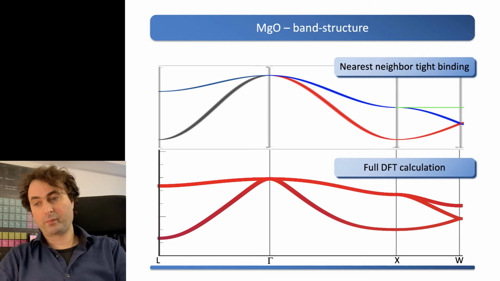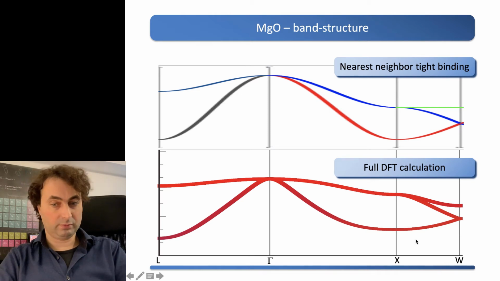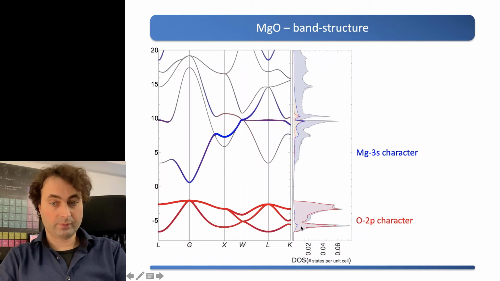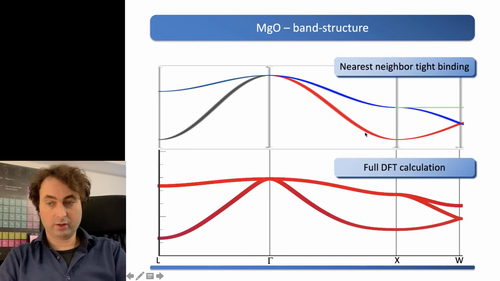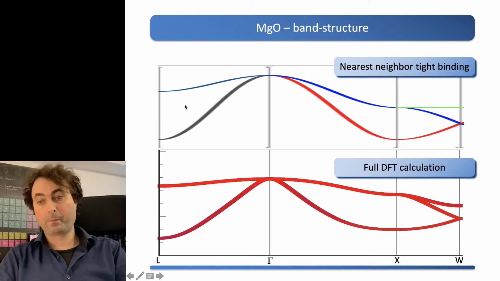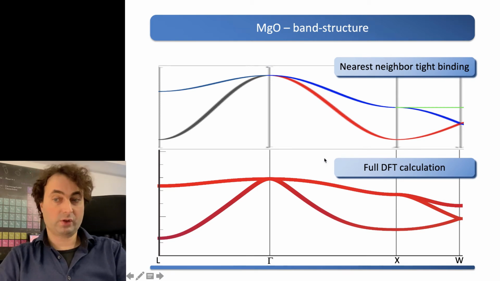So if we look at the bands of the oxygen 2p character, so we zoom in to that energy window and compare this with the nearest neighbor tight binding model, then you see that all the basic features are there. There is some higher dispersion for some band that is not reproduced in a nearest neighbor tight binding model, but that is okay.